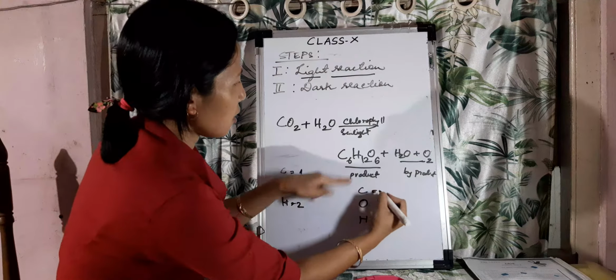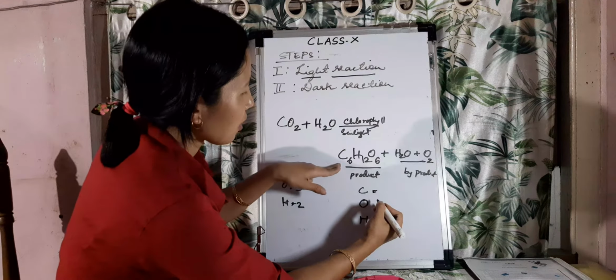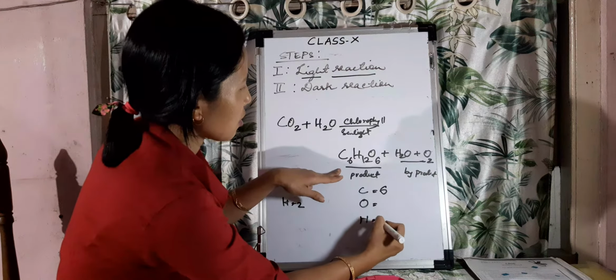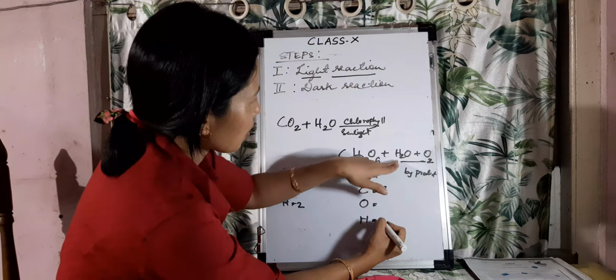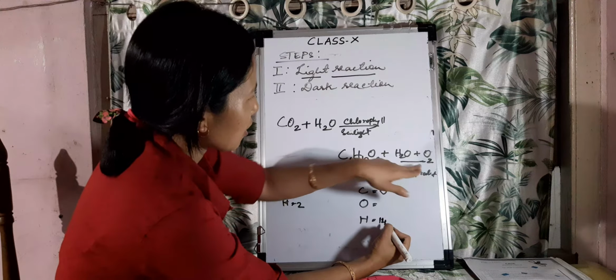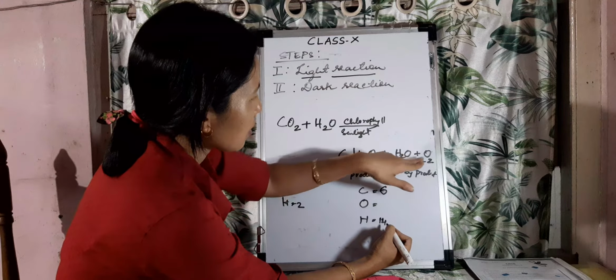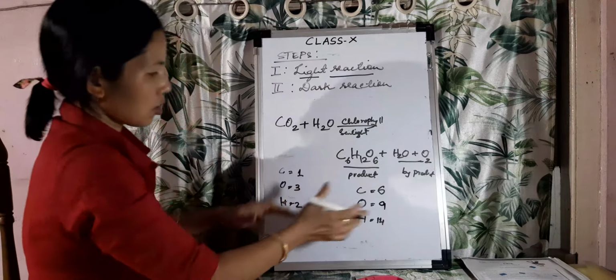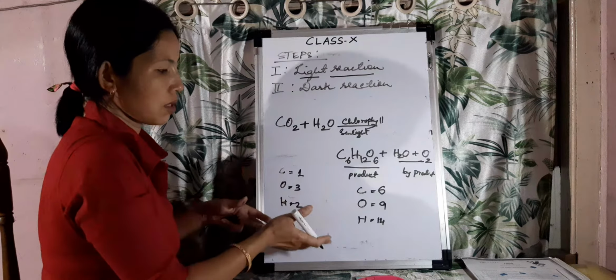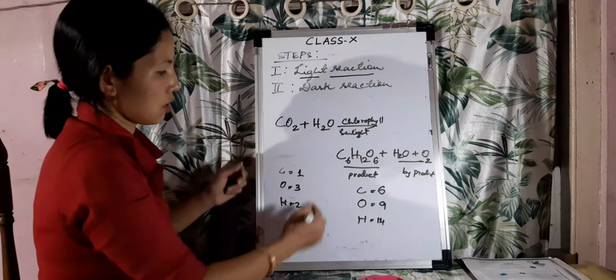On the right, carbon is 6, hydrogen is 12, and oxygen is 6 plus 2 plus 1, which is 9. So it's completely imbalanced. None of the elements are matching, so we will balance it one by one.